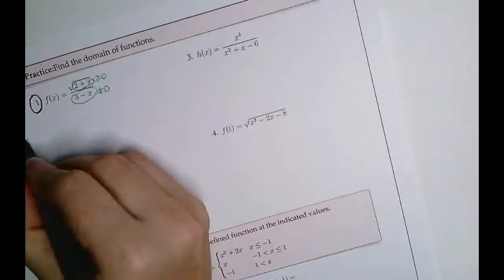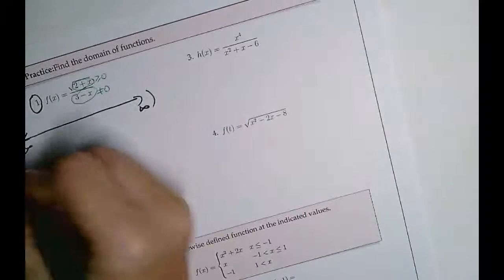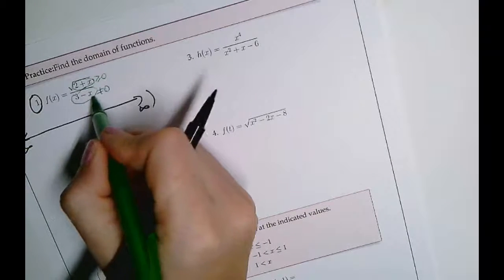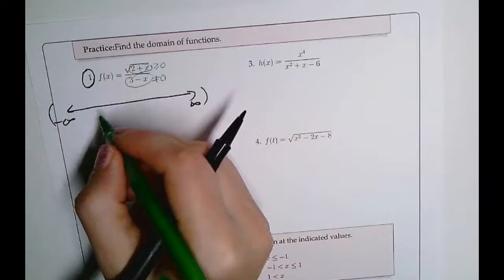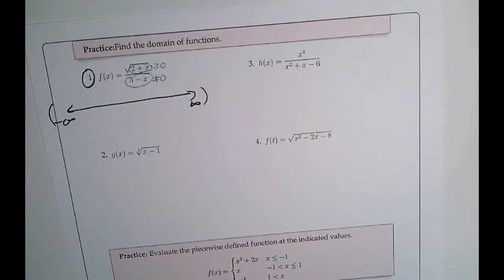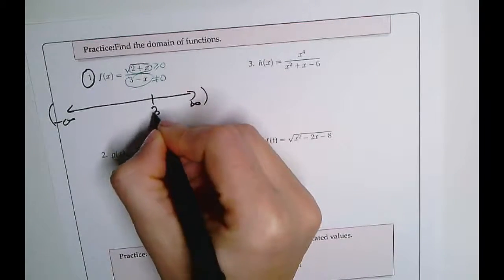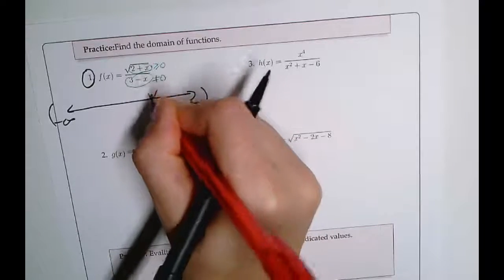So let's draw the number line, negative infinity to infinity, and see. 3 minus x cannot be equal to 0. That means that x cannot be equal to 3. So if 3 is here, x cannot be equal to 3.